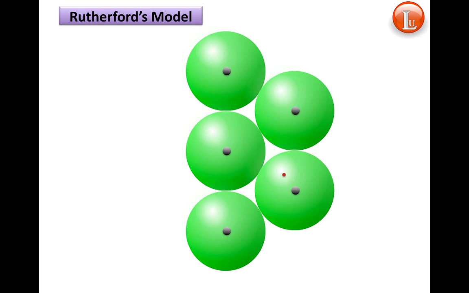There are others that suffer large deflections, including the rare phenomenon where a particle bounces back in the same direction. Sometimes you can have multiple deflections for the same alpha particle.